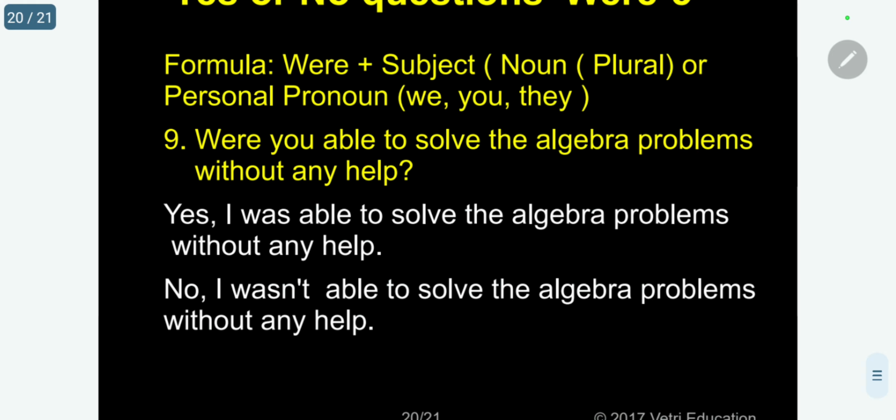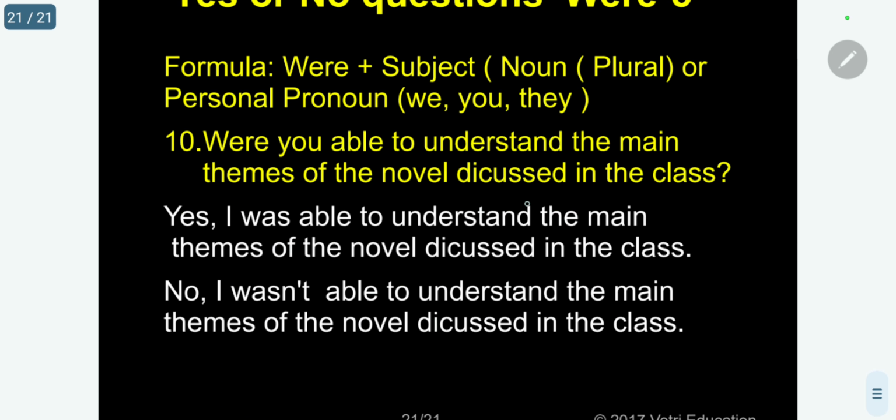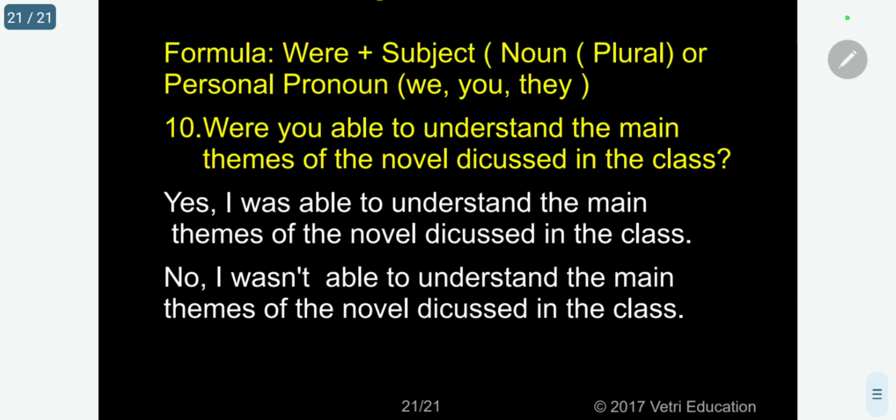Suppose, if it's not possible, no, I wasn't able to solve the algebra problems without any help. Please follow. The last one, the 10th sentence, I am giving now.